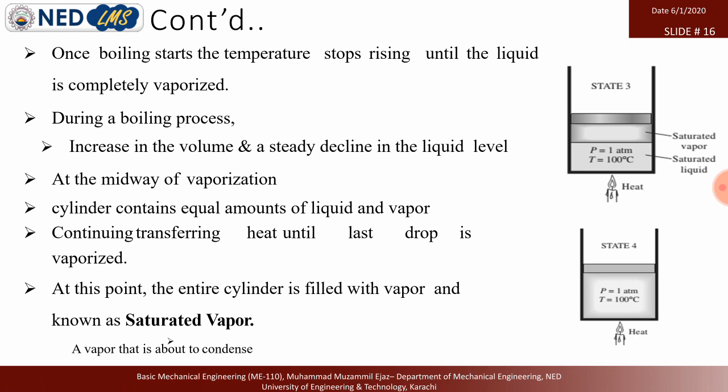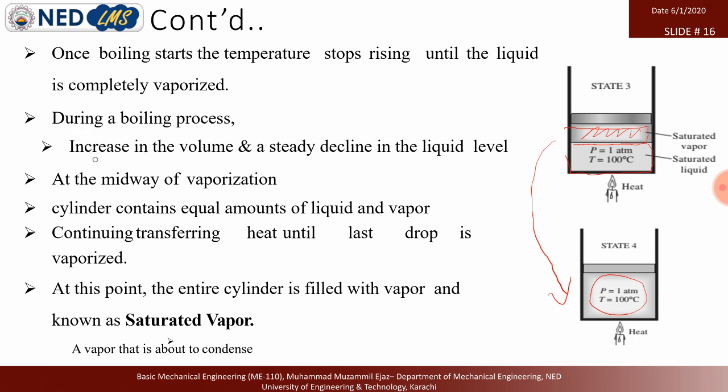By giving more heat to the vessel or any boiling pan like this, it will not increase the temperature but produce gases, until the whole water converts into gas. In this case we have some liquid and some gas, but after vaporizing the whole water into steam, we have a single phase in this cylinder.